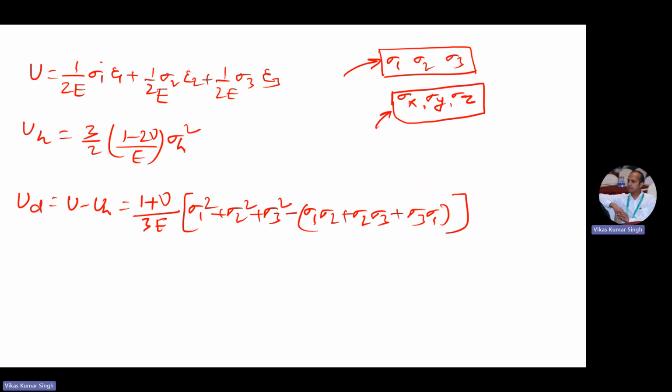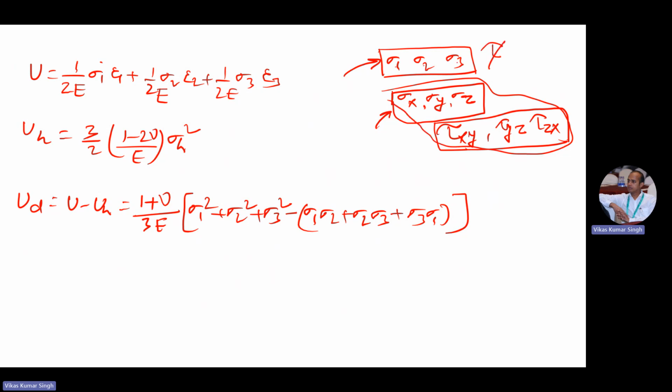If we do it for general, this calculation will be a little more complicated, because in the general plane there is tau xy, tau yz, and tau zx also. So this term will also come. We have not derived for this condition. We have derived for sigma 1, sigma 2, sigma 3, and in this plane the tau component is 0. So our calculation is simple.